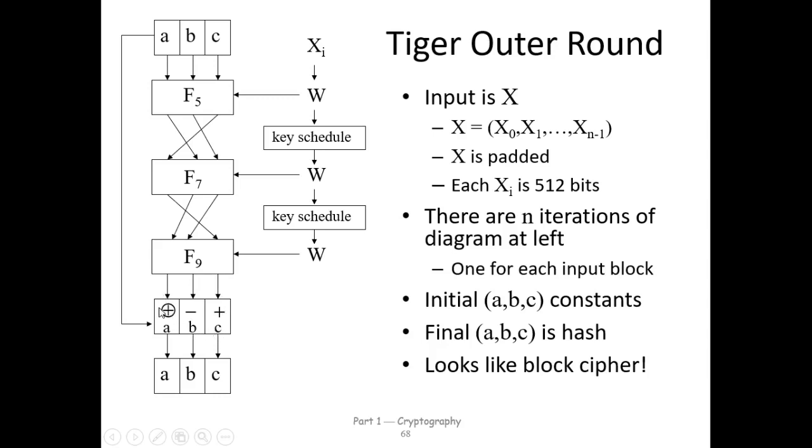This is a normal XOR. After that, what we get is A, B, and C in terms of 64 bits, 64 bits, and 64 bits, totally 192 bits. This is the general round of Tiger. This is the Tiger outer round.